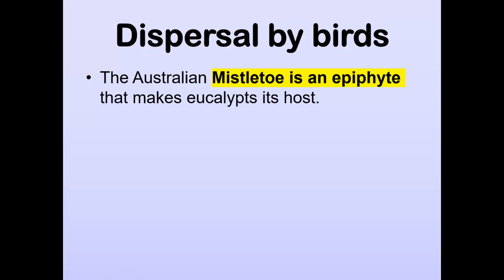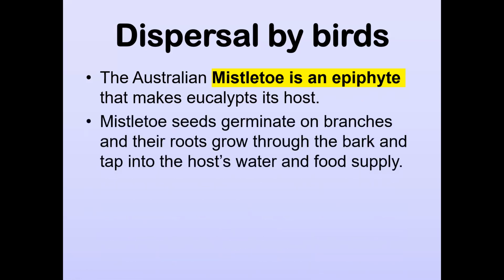Here's an Australian example. The plant called the mistletoe is an epiphyte. Remember, the epiphytes are the plants that grow on other plants. The Australian one usually finds eucalypts to grow on, but there are other plants as well.